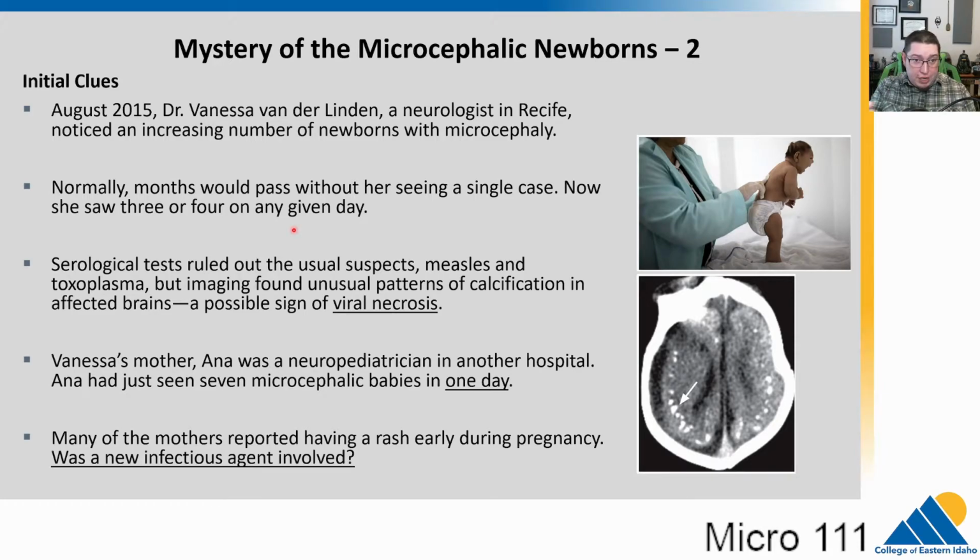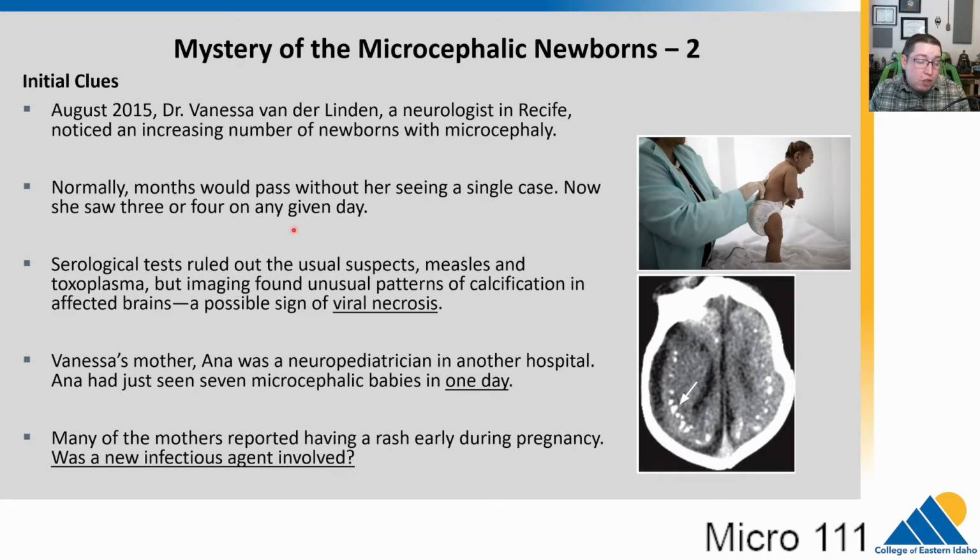In 2015, we have Dr. Vanessa Vanderlind. She's a neurologist in Brazil, and she notices that there's this increasing number of newborns with microcephaly. Okay, in and of itself, that is an observation, but we need to look at data, right? Is this just a random fluctuation, or is this some actual cause of this?